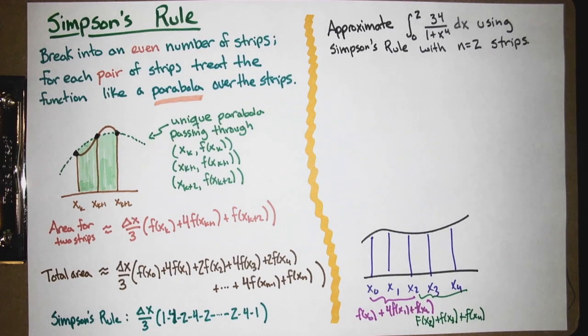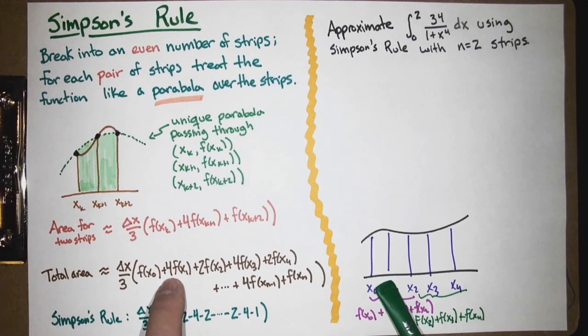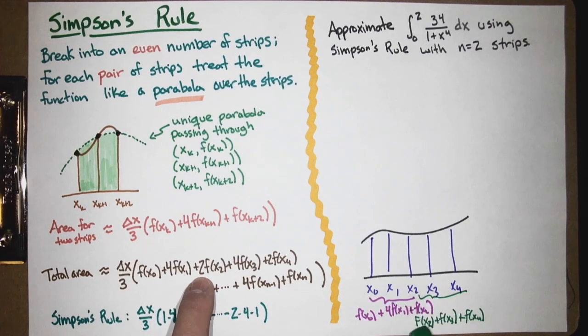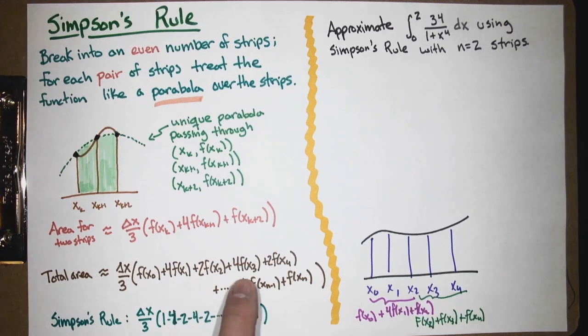So what's going to happen here is on the very furthest left, we're only going to get 1 contribution. We're only going to have that contribute once. And then we're going to go 4 and then 2, because this is occurring in 2 different pairs. And then 4 and then 2 and so forth and so on.